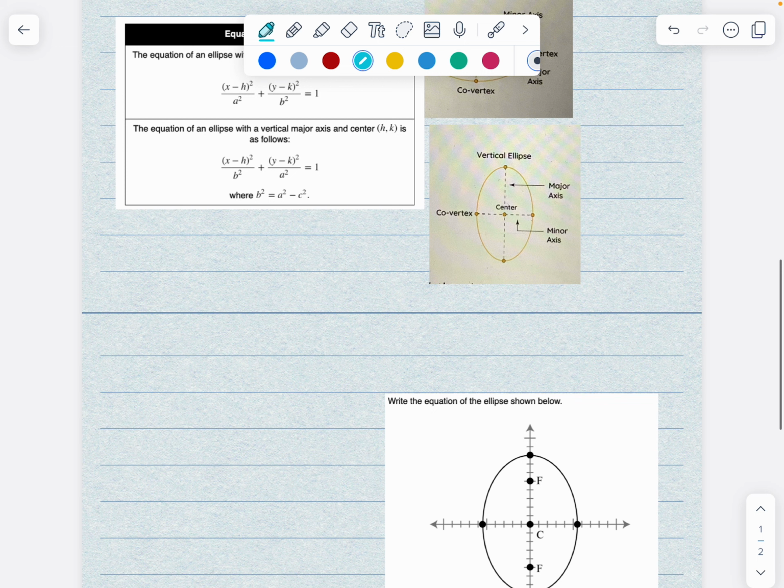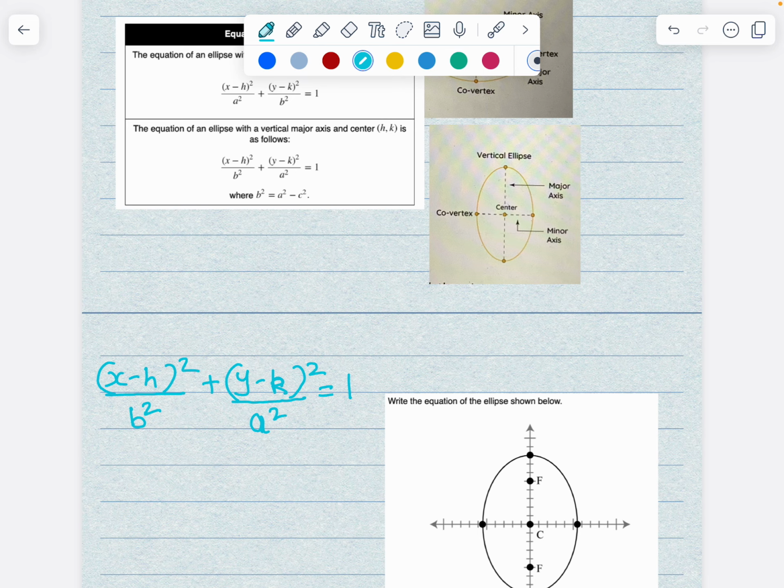So you already know your equation is going to be (x minus h) the whole square by b square plus (y minus k) the whole square by a square equals 1.